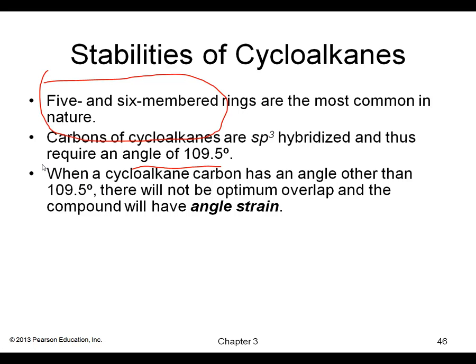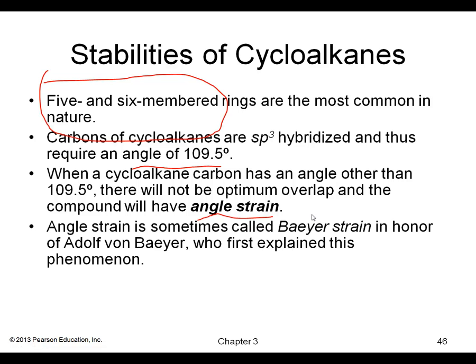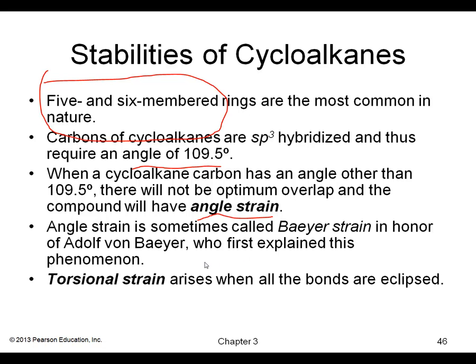Okay, so when it does that, it will not have angle strain. When it cannot do that, it will have something called angle strain. Cyclopropane is an example that has angle strain that we'll take a look at. Okay, and a guy named Bayer first figured this out.